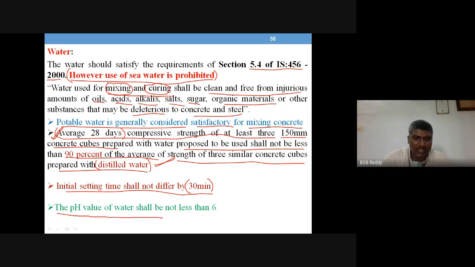And the pH value of water shall not be less than 6, which means it cannot be acidic. Less than 7 is acidic, more than 7 it is base, right? So the water that you take for usage in concrete shall not be acidic.